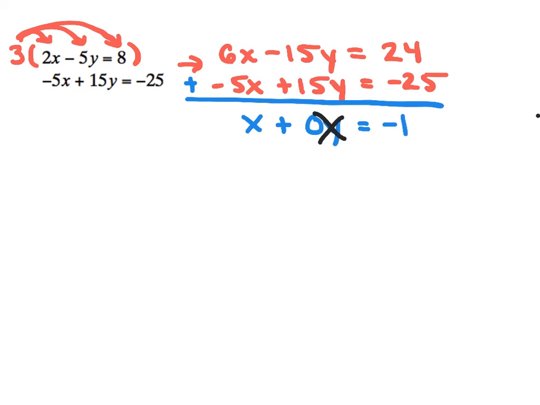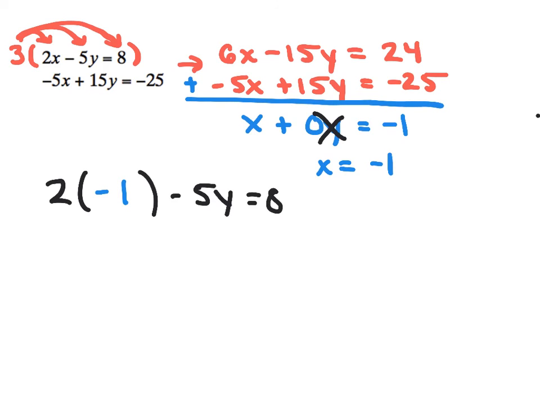And again, that 0y cancels out. So this gives me x equals negative 1. Now I can take that value of negative 1 and plug it into one of the original equations. So if I plug it into the first equation, I'll get 2 times negative 1 minus 5y equals 8.